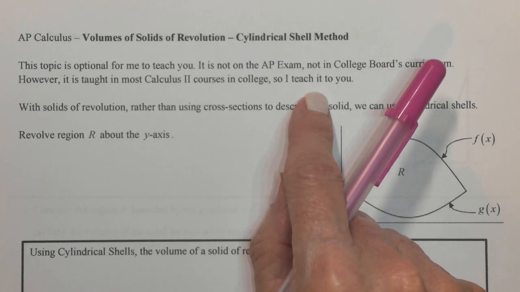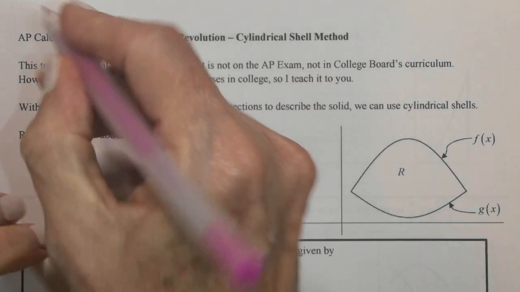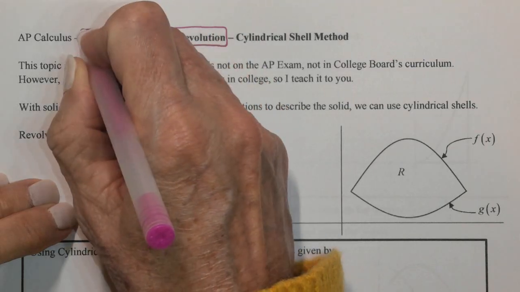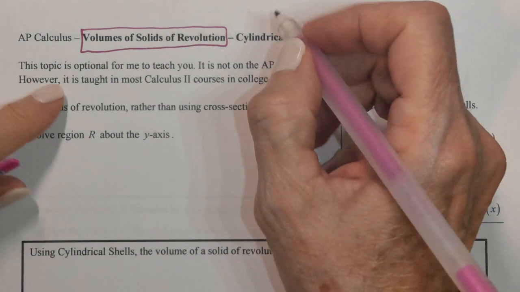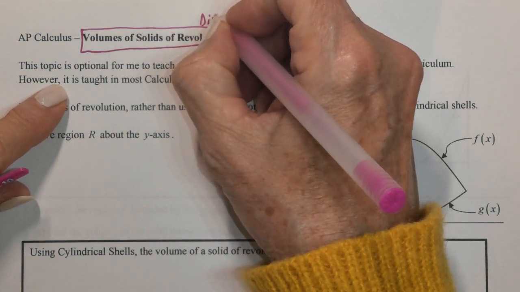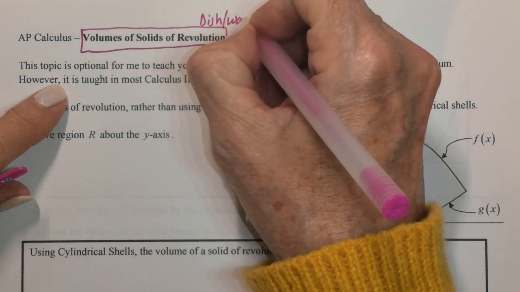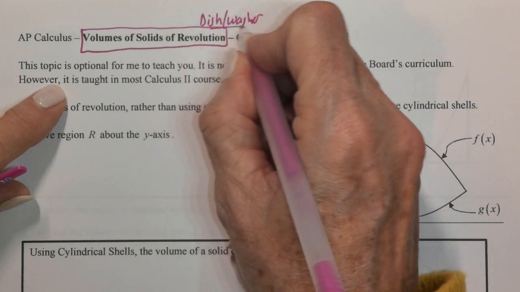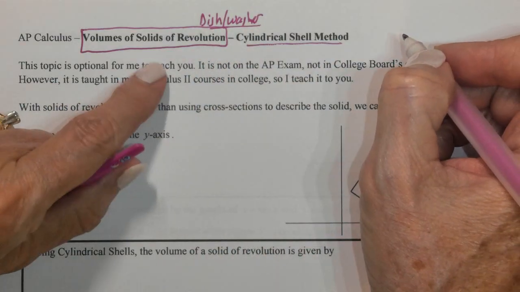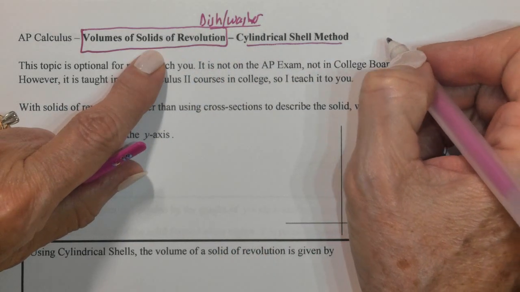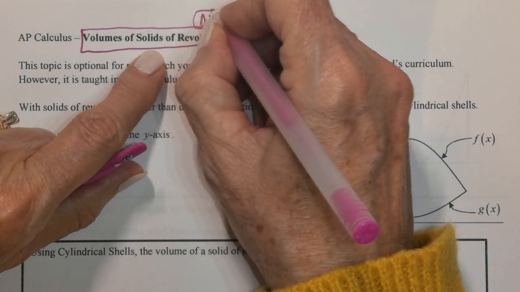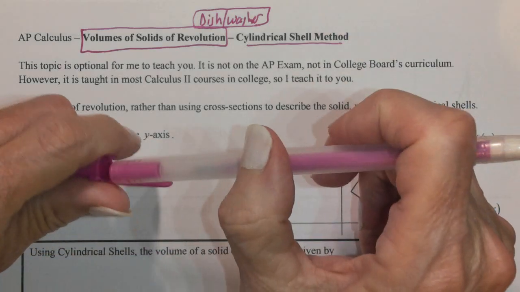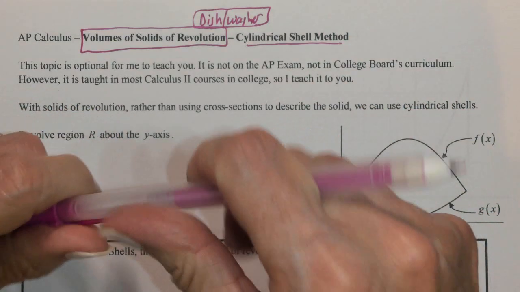All right? Now, we are still finding volumes of solids of revolution. And that means that we can use either the disc and washer method that we used yesterday or the cylindrical shell method. You can use either one of those because they do the same thing. So if you know the disc and washer method really, really well, then you have no use for the cylindrical shell method.